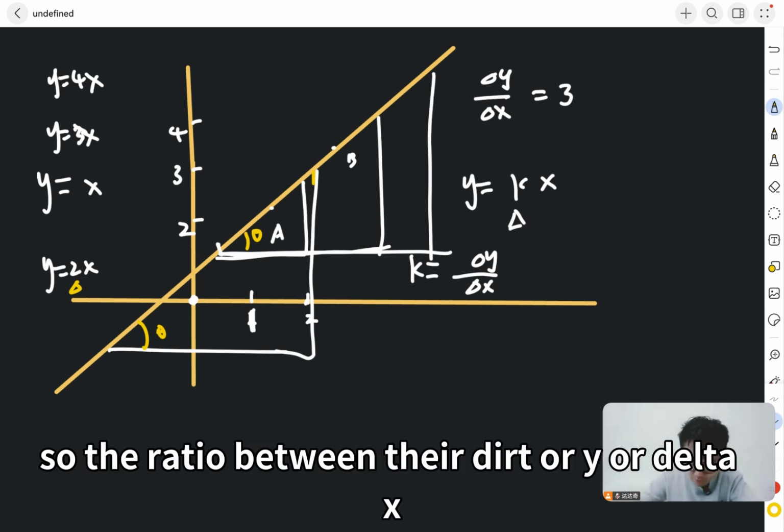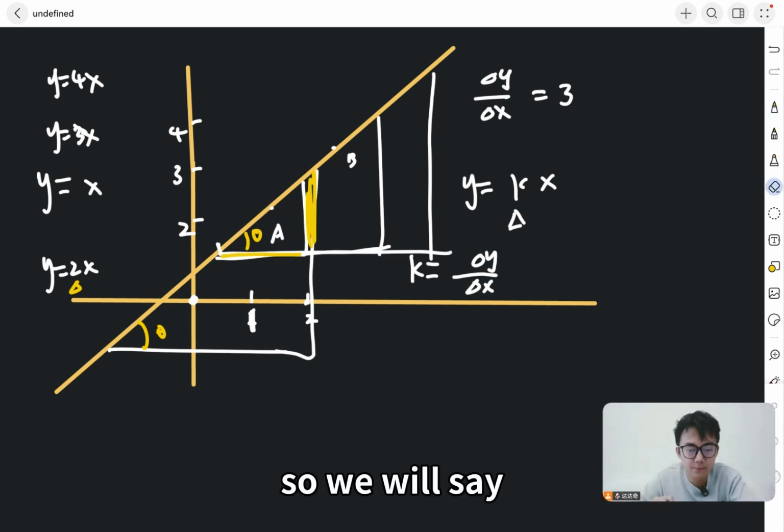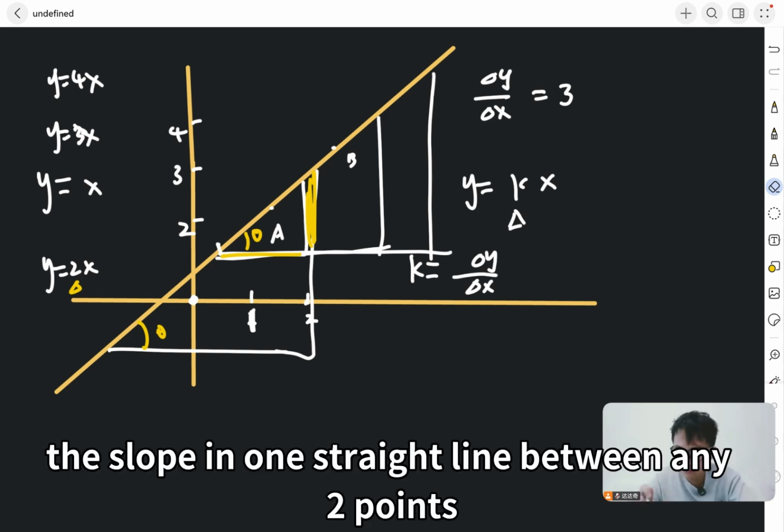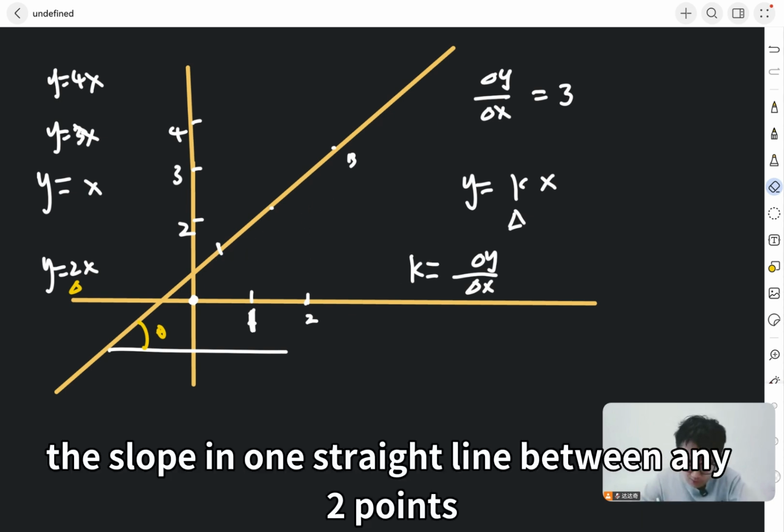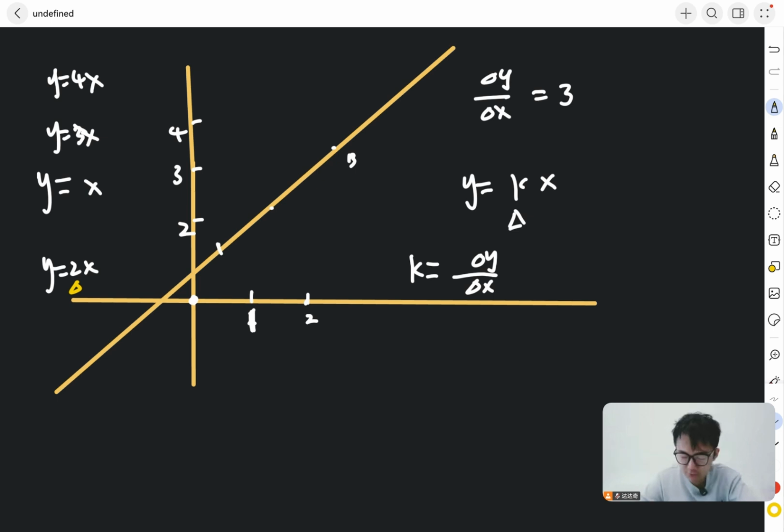So the ratio delta y over delta x is always the same. So we will say the slope of one straight line between any 2 points is always the same.